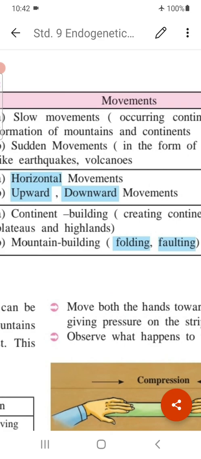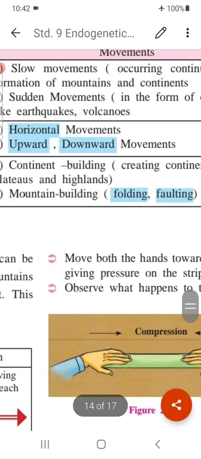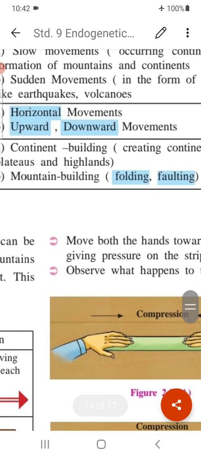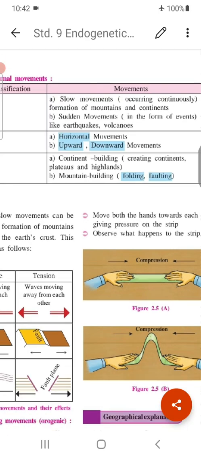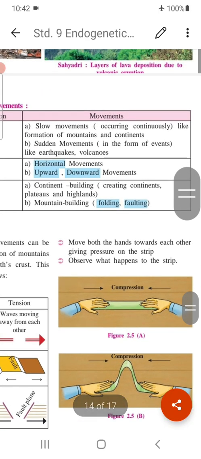Something is happening downwards under the surface, and due to that mountains and continents are formed. Slow movements do not take place in 1 or 2 weeks or 1 year. It happens over thousands of years. It takes thousands of years to form a mountain or continent, almost millions of years.